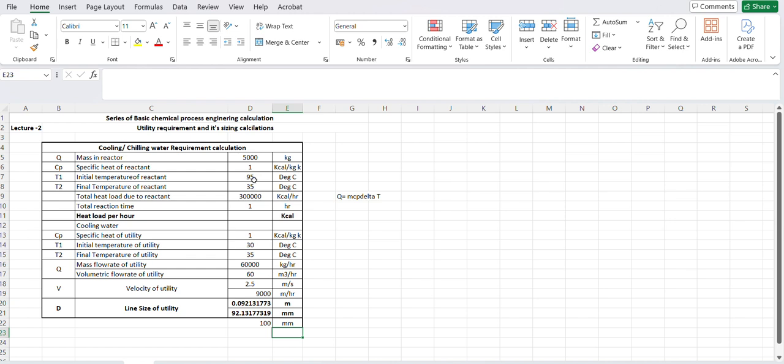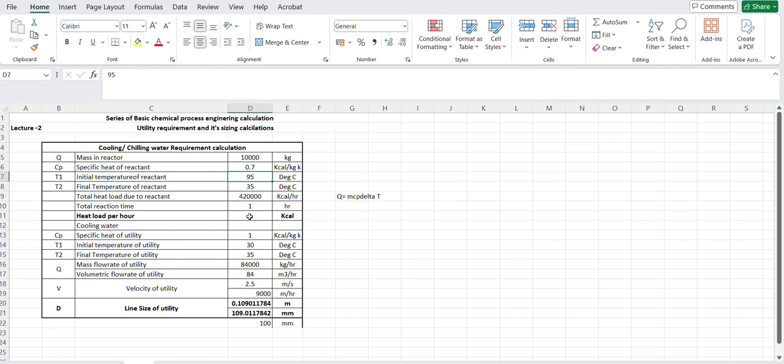You can calculate by just changing those parameters too. If you consider 10,000 kg of mass instead of 5,000, that needs to be brought down from any temperature, you can also vary the Cp as per the process parameters you are going to calculate.